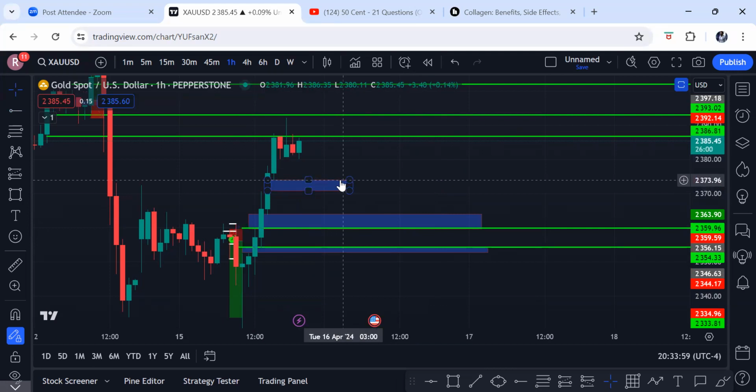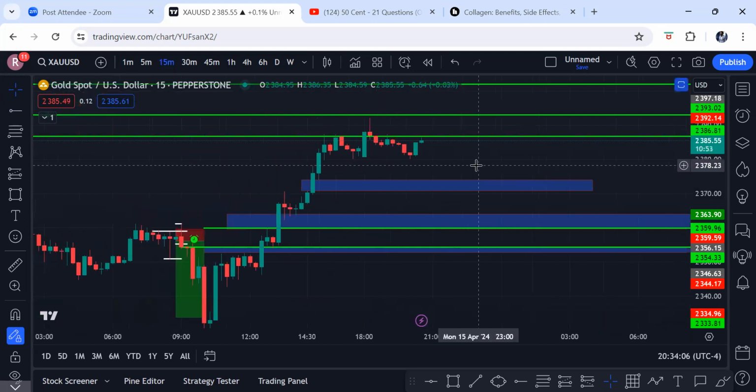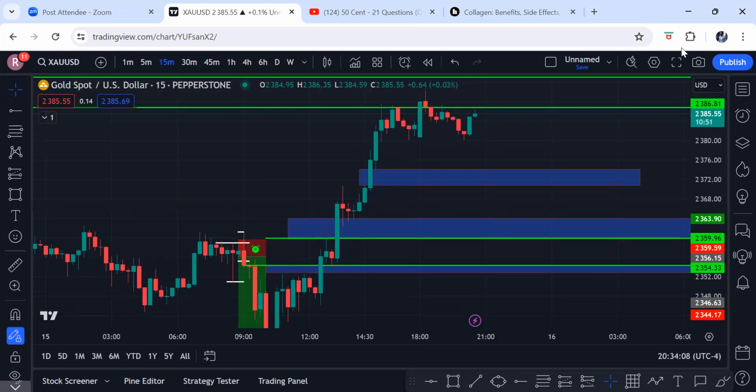Even this area here, the only reason I would consider it is because price pushed up right here until this height.